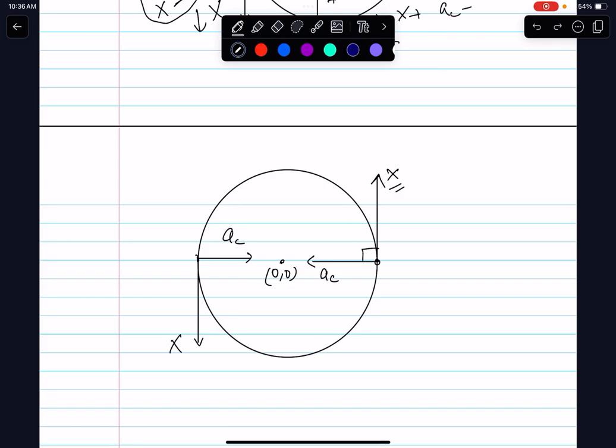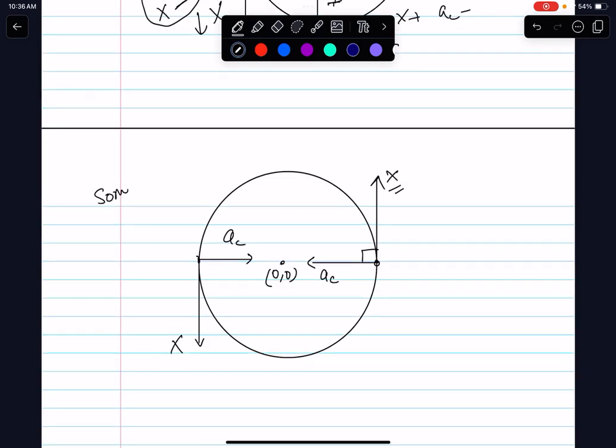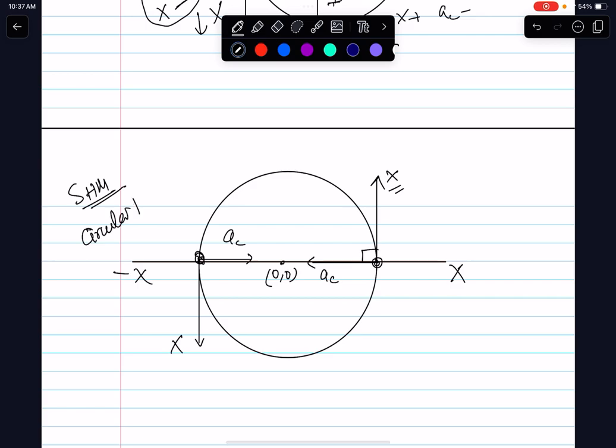Okay, so this is how things are happening, right? That's how you could reason it, that at some points in the circle, or actually, in this case, as we can see, at these two specific points, these 2 points are located on the x-axis, right? And we only care about the x-axis, okay? We only care about relationships at the x-axis, because we know that simple harmonic motion, SHM, is just circular motion in 1D, right?